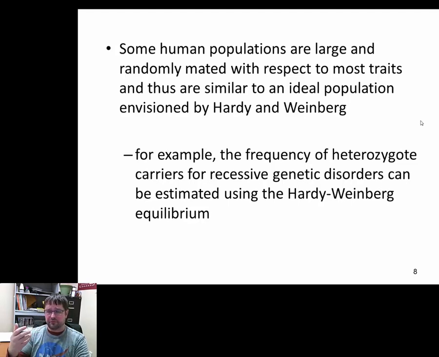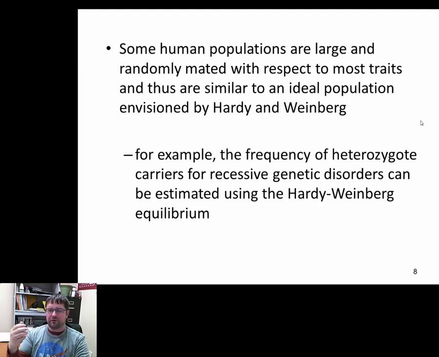The other piece of this really came from Hardy-Weinberg equilibrium, to suggest why we still have recessive genetic disorders in human populations. So you have sickle cell, you have cystic fibrosis, you have these recessive genetic disorders that still exist in the human population.